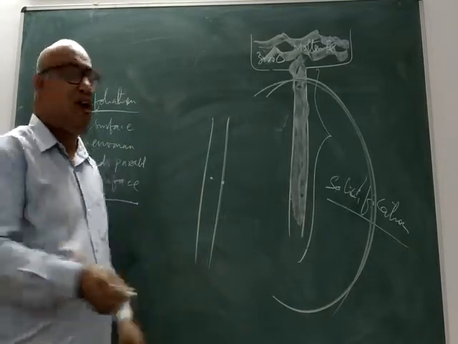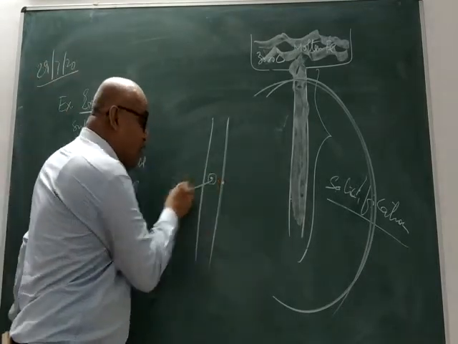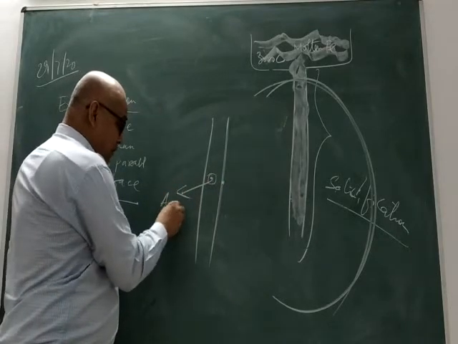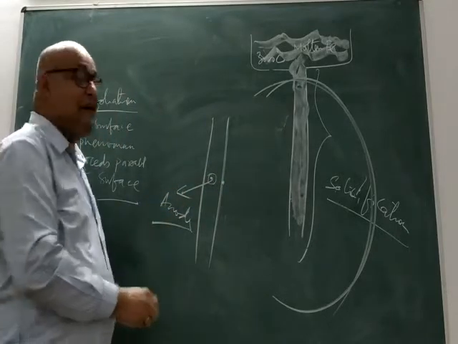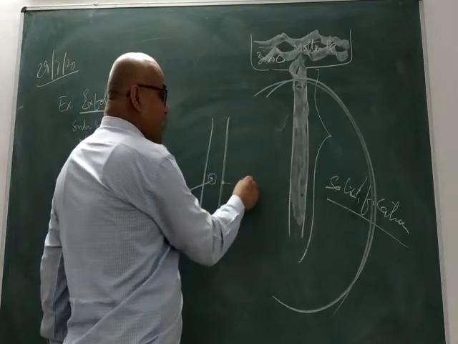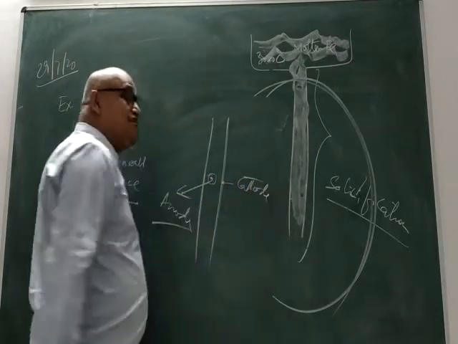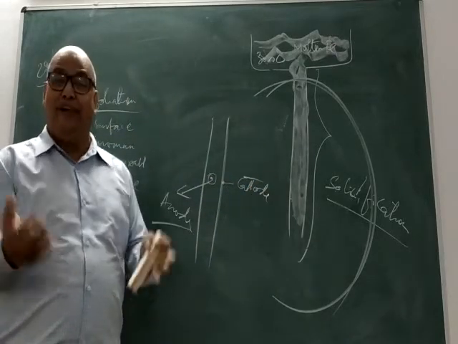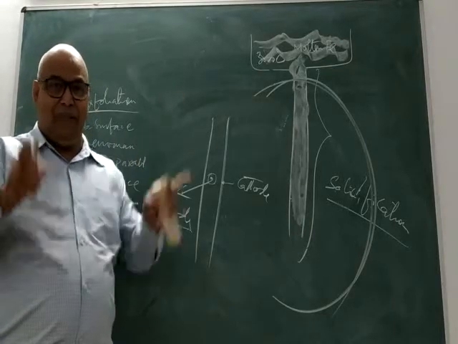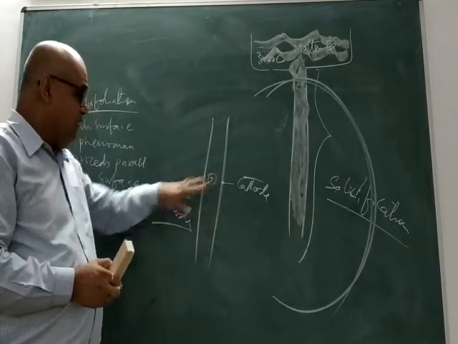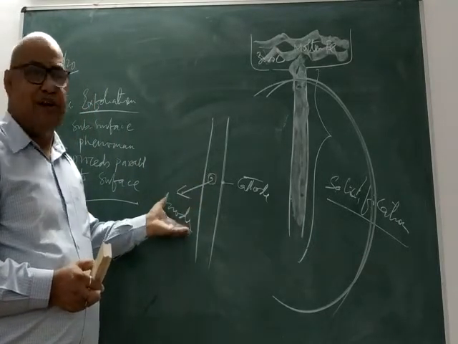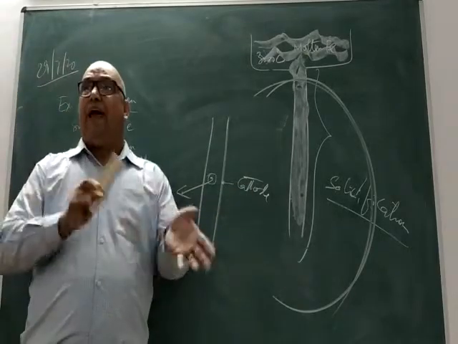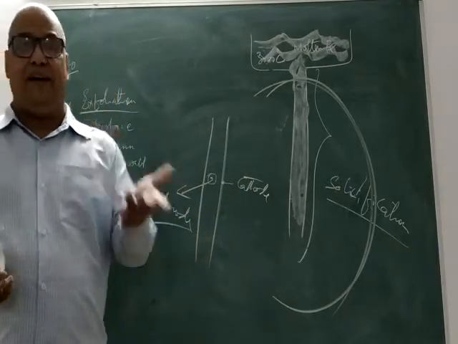Under suitable conditions, this weak area will definitely become your anode and this part will be your cathode. In the presence of a suitable electrolyte, an electrochemical cell will be produced, then anodic reaction, oxidation will take place, reduction will take place, and depending on the nature of the environment, the reaction will proceed.